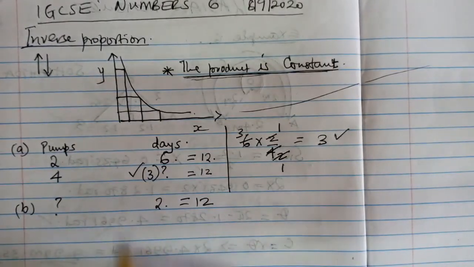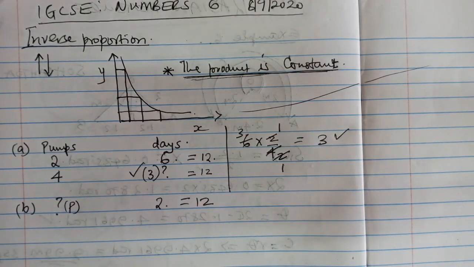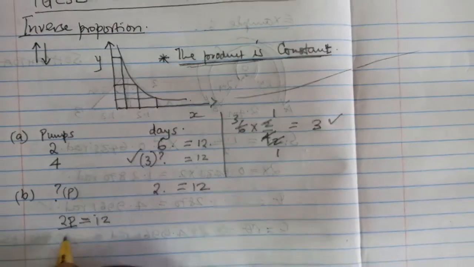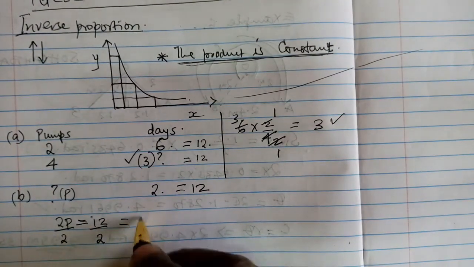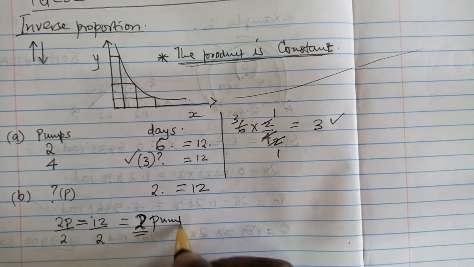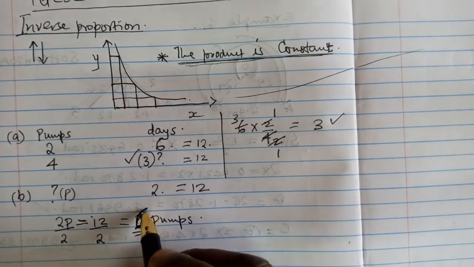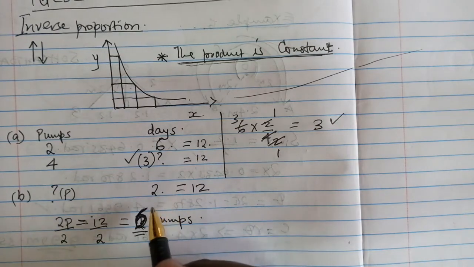If we make the number of pumps to be P, then 2 times P, meaning 2P, is going to give us 12. To make P the subject of the formula, we divide both sides by 2. So basically, we need 6 pumps, not 2 but 6. 12 divided by 2 is 6 to clear the water in 2 days.